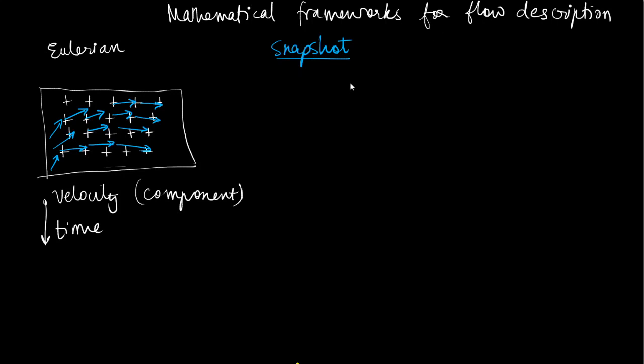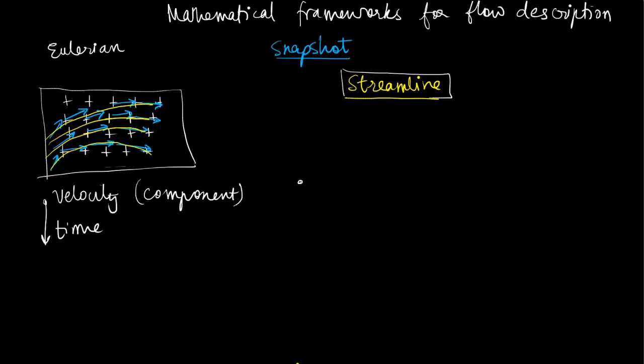So the streamline is a line which is tangential to all the velocity vectors. And the meaning of something being tangential to all the velocity vectors, let us try to put it in mathematical terms.